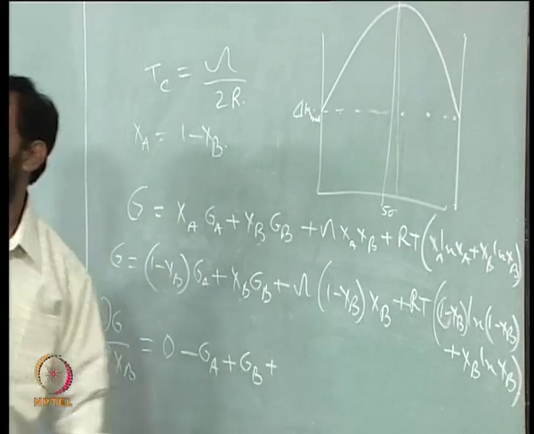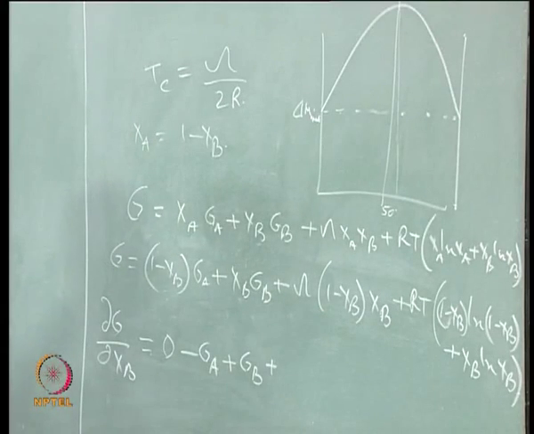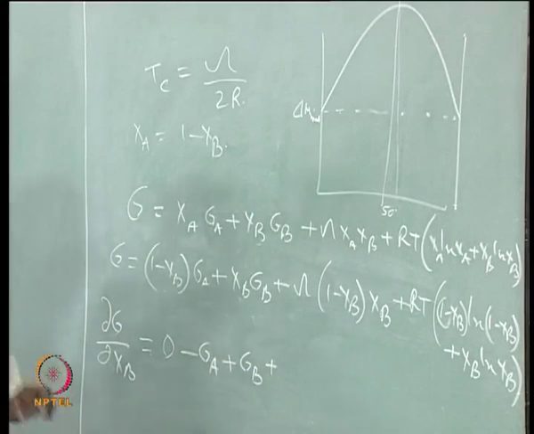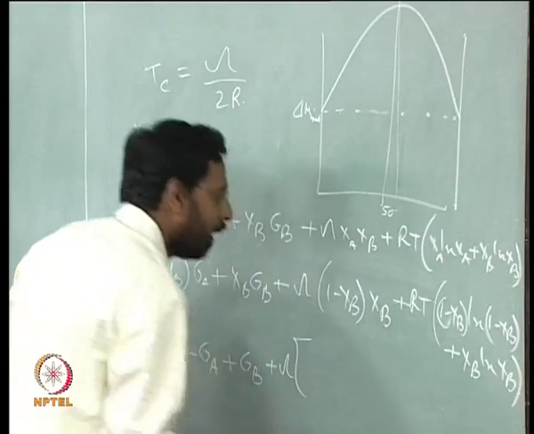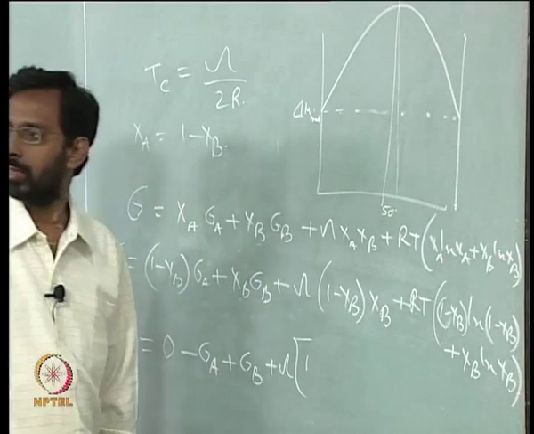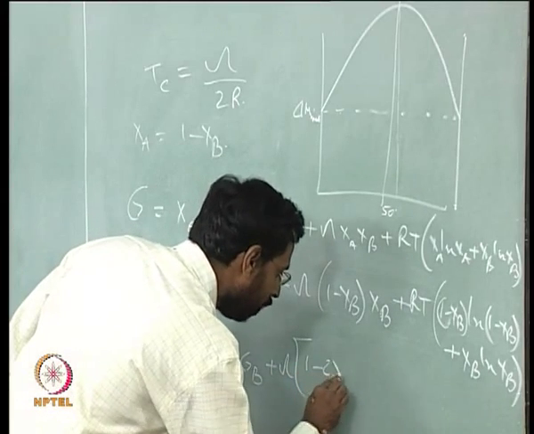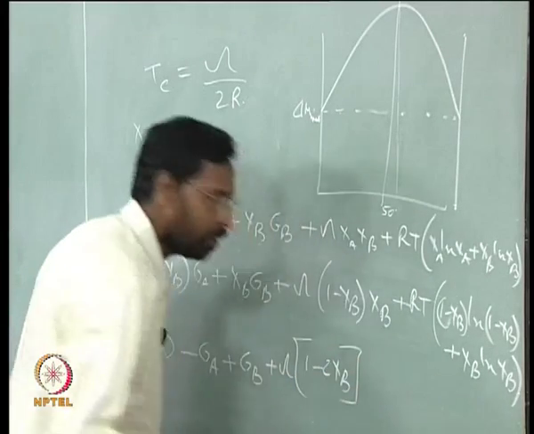Here there are 2 terms, xb minus xb square, so omega into the derivative of xb, which is 1, and the derivative of xb square is minus 2 xb, am I right?